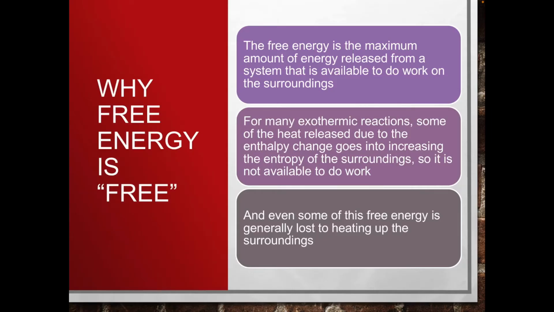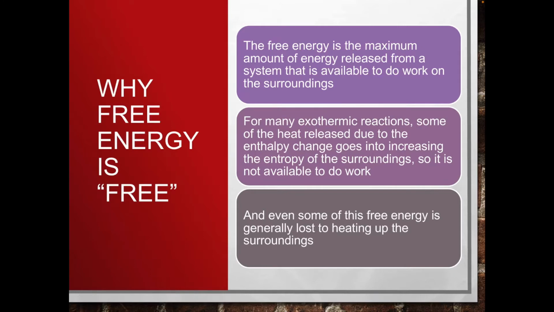First off, though, I want to talk about this term free energy. We haven't addressed that yet. Why is it called free energy? Well, free energy is the maximum amount of energy released from a system that's available to do work on the surroundings. We know that sometimes during these reactions, some of the heat that's being released due to the enthalpy change goes into increasing the entropy of the surroundings, so it's not available to do work.